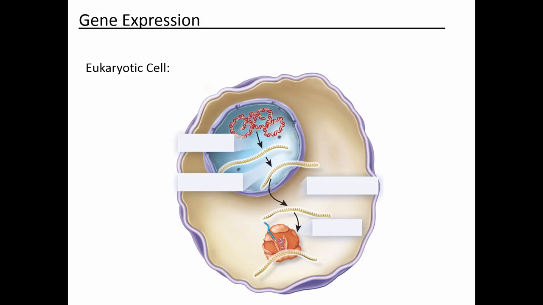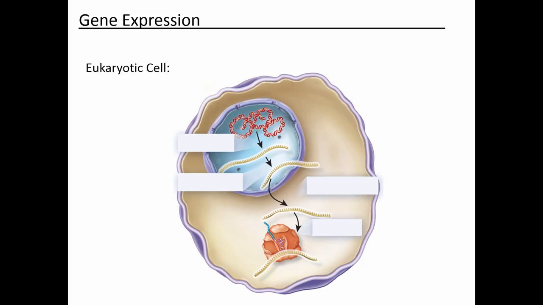Okay, so you can see that in a eukaryotic cell, transcription happens in the nucleus and translation happens out in the cytoplasm. So that's one reason why in eukaryotic cells, transcription has to finish first before translation can start. You don't have an RNA molecule that's not done being made and already being translated.